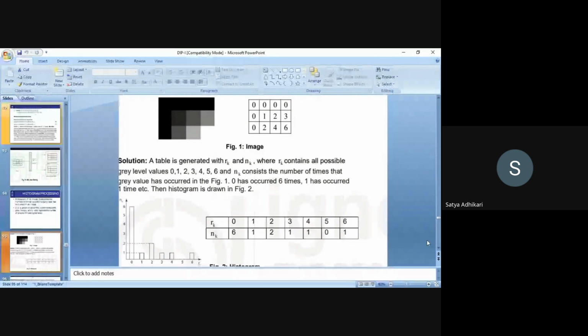That is why the occurrence is 0. 6 occurs once, that is why it is 1.